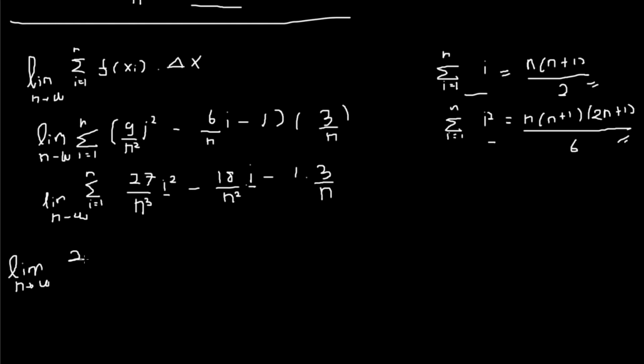So limit n to infinity. So we have, of course, our first equation right here, 27 times i squared per n to the power of 3, which is, we know that it's this one, right? So we are going to isolate that, minus 18.